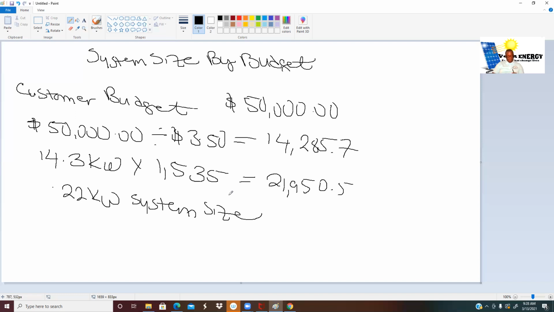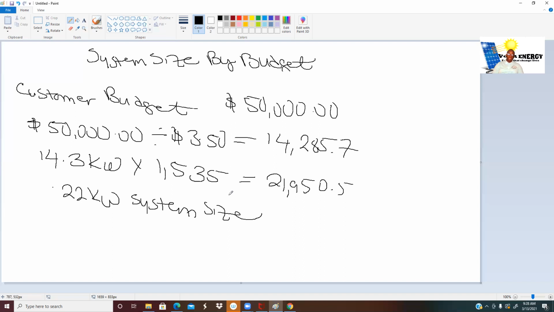A 22 kilowatt system is 22 times 1,000, so you get 22,000 watts. If you choose what model you want to use, say you want to use the 325 watt model, that's 68 PV modules if you run it out.